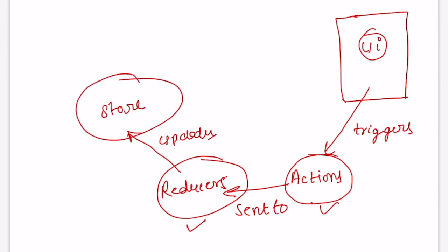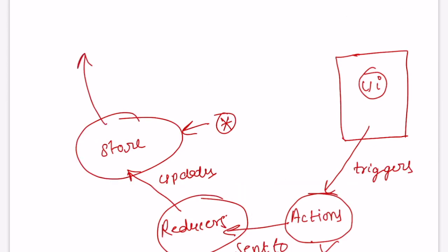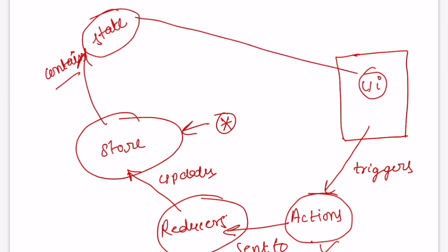Okay, so this is the important thing: a store contains state, and state we always use in the UI. So for example, you have this mobile page.